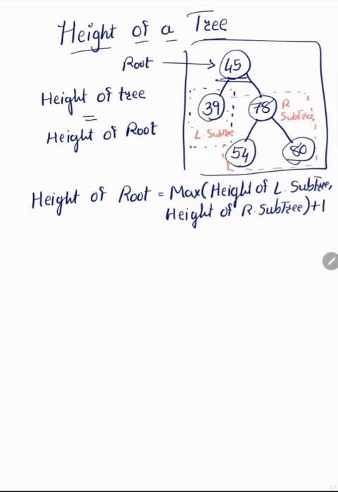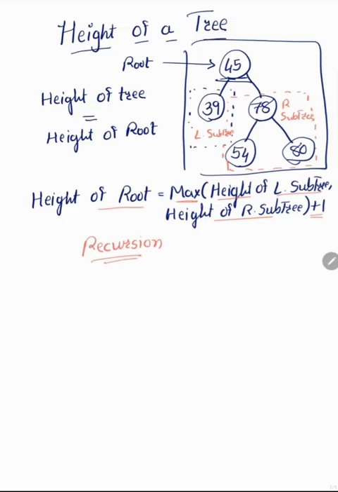First you need to find the height of the left subtree and the height of the right subtree. Then whatever is the maximum of those, you add 1 to that, and that's how you find the height of a root, right? For that, again, we need to find the height of a left subtree and height of a right subtree, so here we need to use recursion.